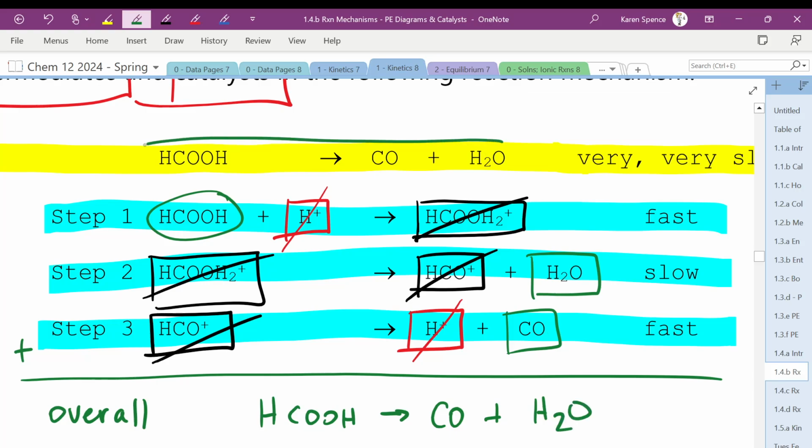And guess what? That is the same as the original uncatalyzed reaction. So the overall reaction for a catalyzed reaction will be the same as the uncatalyzed reaction. It will just take a different pathway to get to the end result.